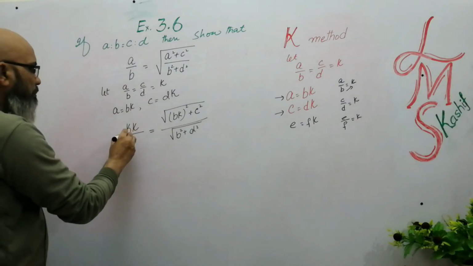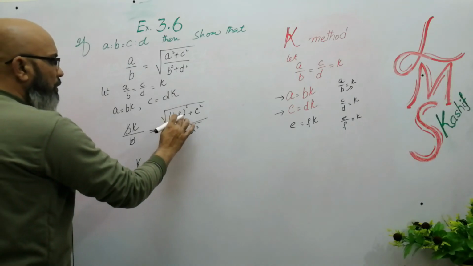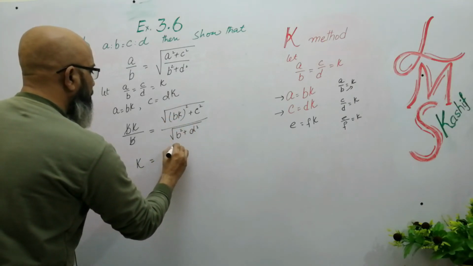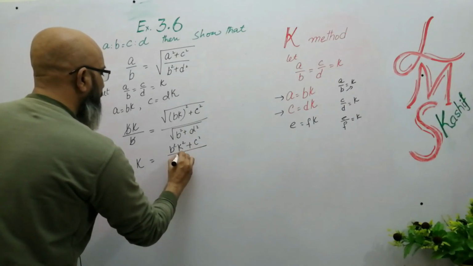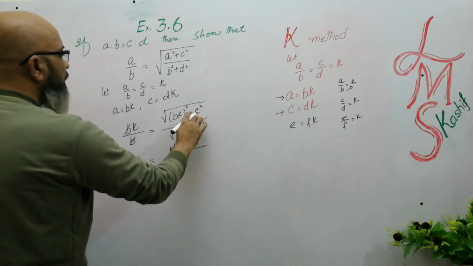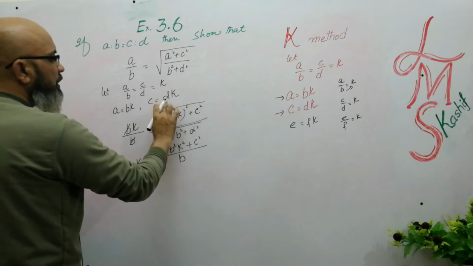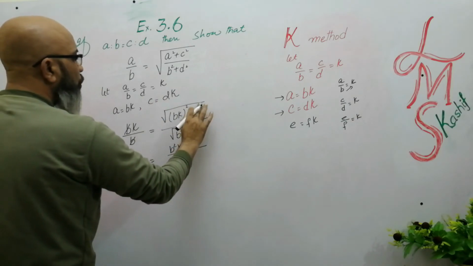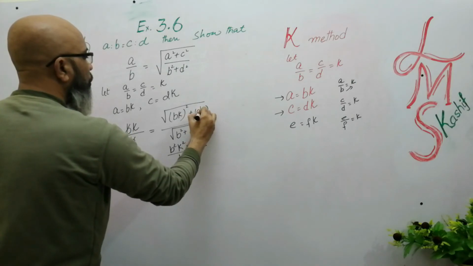So what we get here, b cuts with b, k is equal to the square root of, when we take the square, b square k square plus c square over, what is the value of c? We have to replace the value of c here. The c value is dk. So we will replace the value of dk whole square.